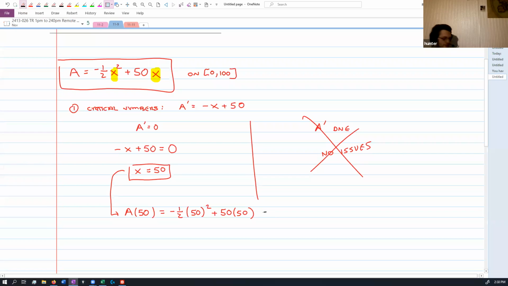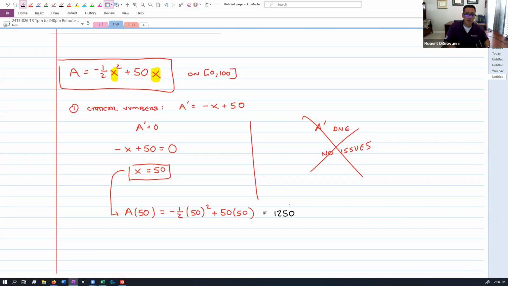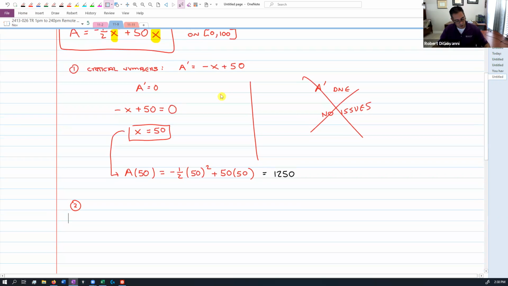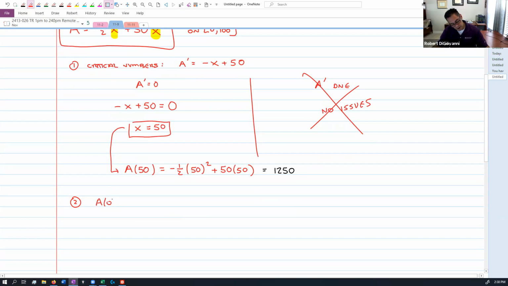Yeah, you get 1250. Now I don't know, but that could be the absolute max or it could be the absolute minimum. We don't know yet. We have to check, right? So the next thing is I want to take the 2 endpoints I had, which were 0 and 100, and plug those into the area function.